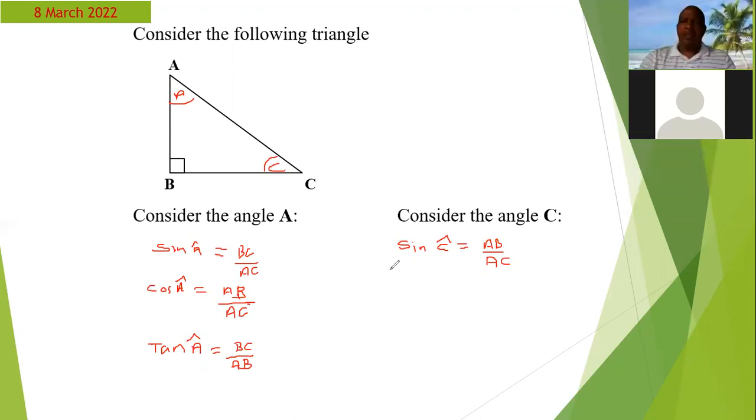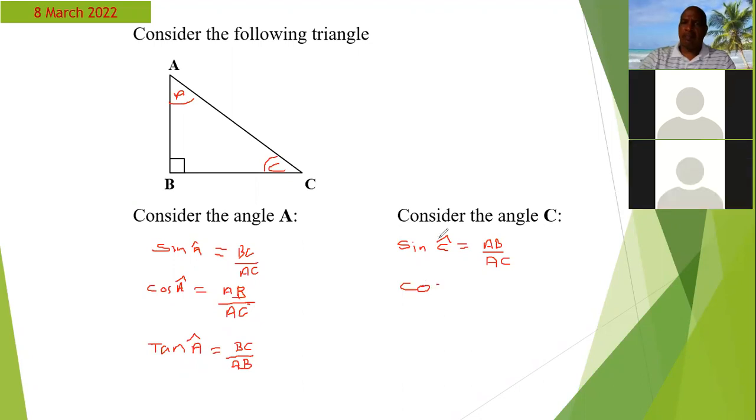All right, so in the meantime, while we're waiting on Ms. Brown to get in, I would like somebody else to tell me what the cosine ratio is for the angle C. Sir, BC over AC.